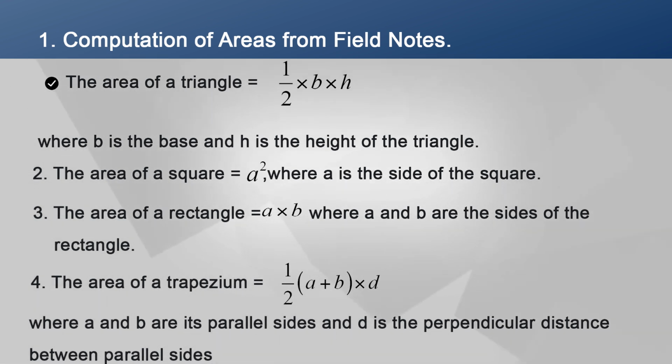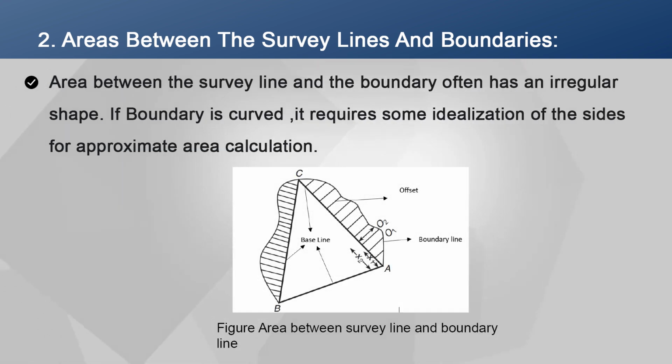Now, in continuation of the area of geometrical figures, we will discuss the calculation of the area between the survey line and the boundaries. The area between the survey line can be calculated using geometrical figures and formulas. Why are we able to calculate it?